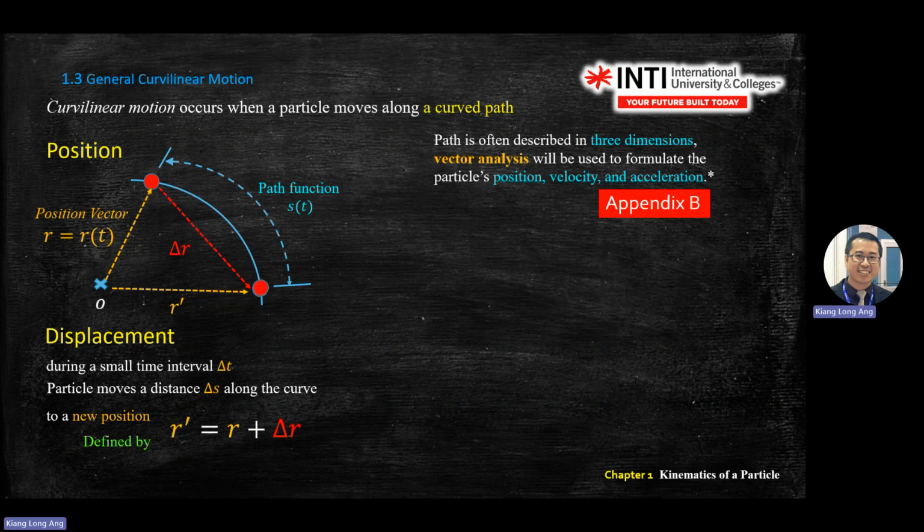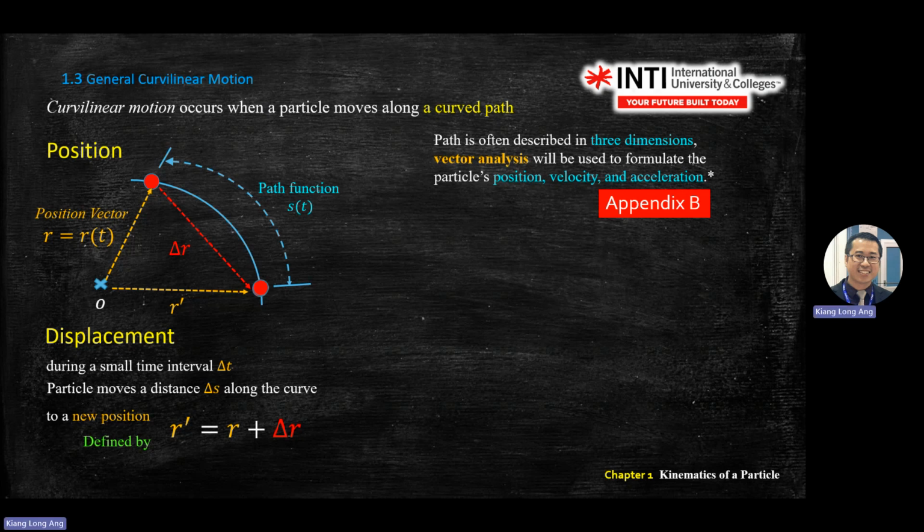You take the same concept and apply it to curvilinear motion, because this is the vector from the center to the initial position. You have one vector R, and for the final position on the curve, you take the center to the end position, which is R prime. You take these as two vectors and apply the same principle.